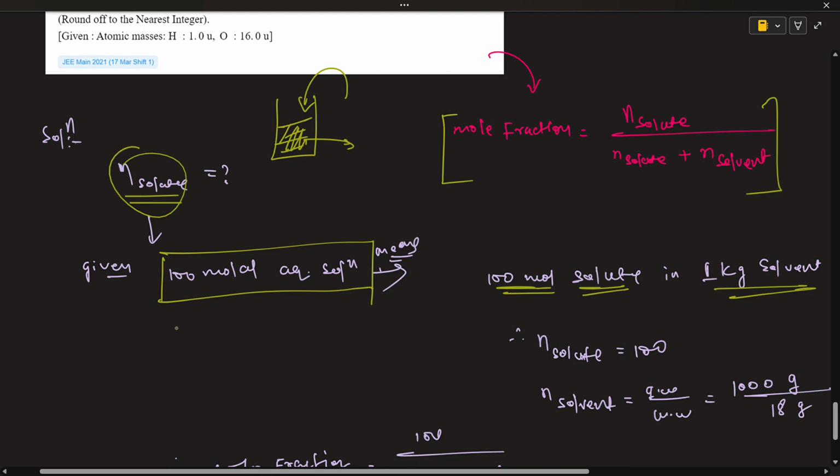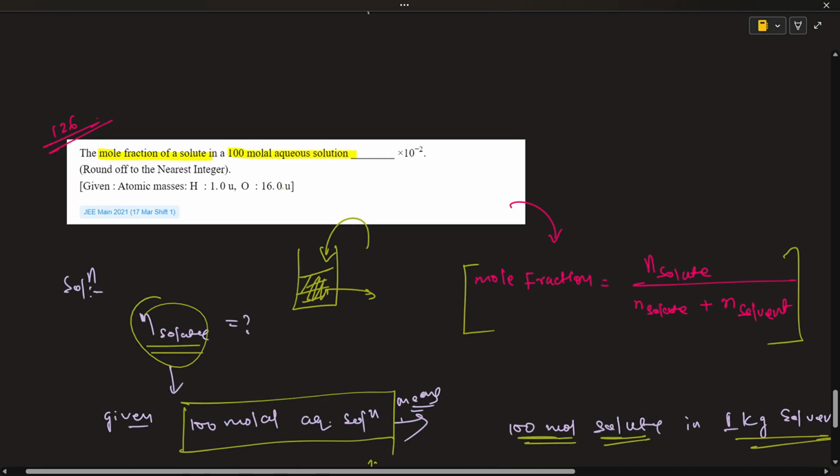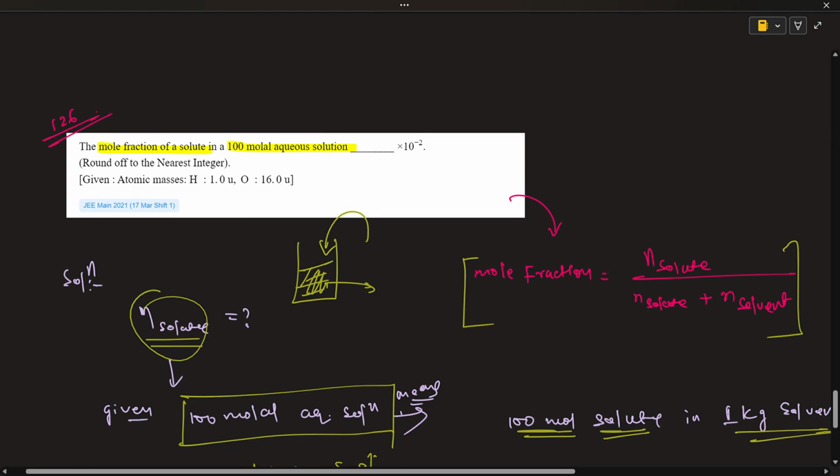Let's suppose if they are saying a 50 molal aqueous solution, it means you have 50 moles of solute in 1 kg of solvent. And the solvent is water. If it is not mentioned what the solvent is, always assume H2O.